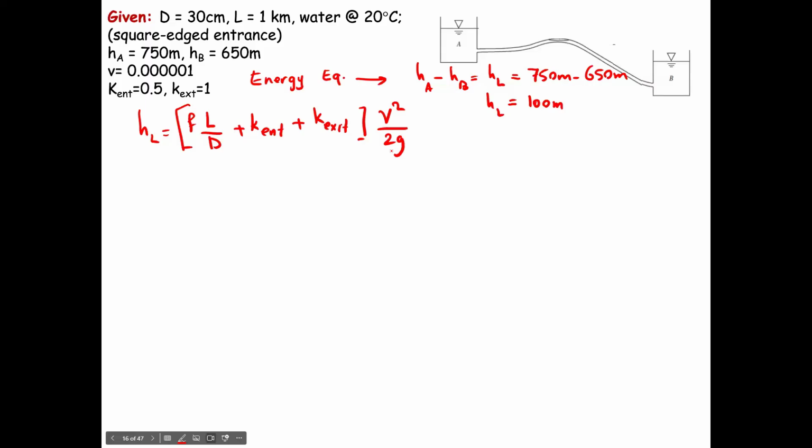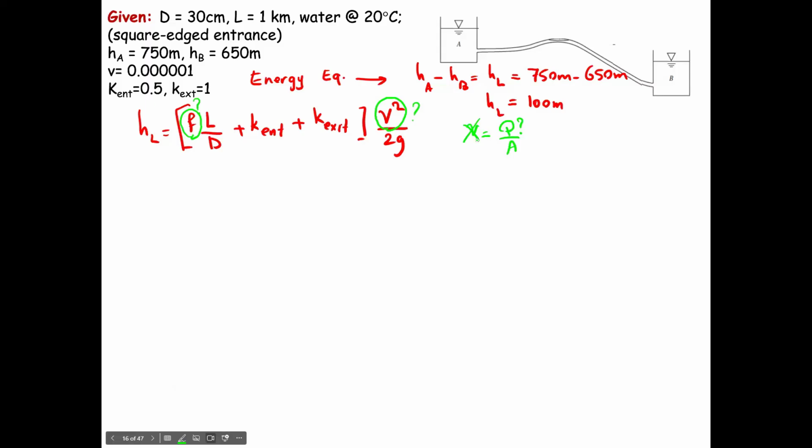The problem starts here, actually. Look at here. I don't have F. I do not have velocity. Why? Because I need discharge to find that. Velocity is Q over A. I don't have discharge, so I cannot find it, and there is no way to start solving that.